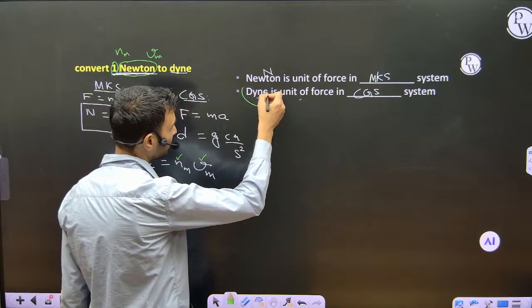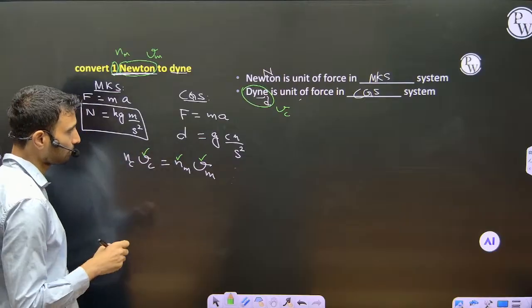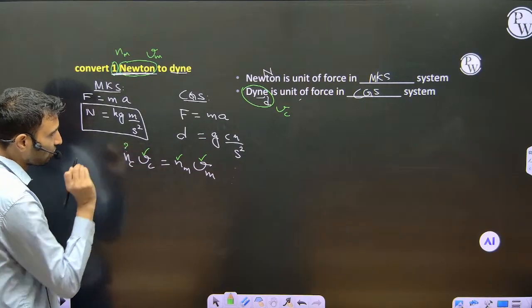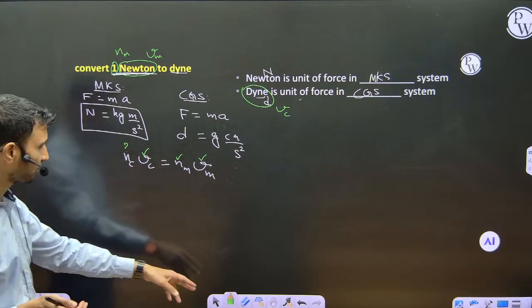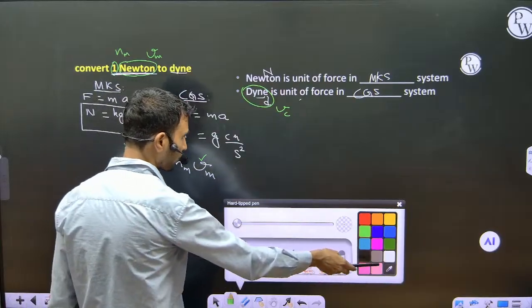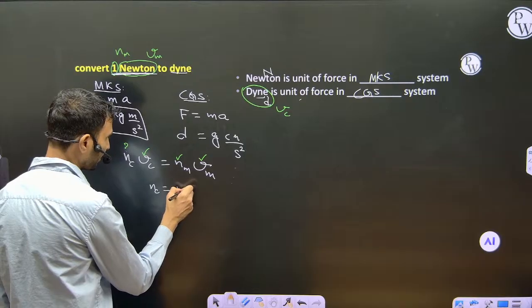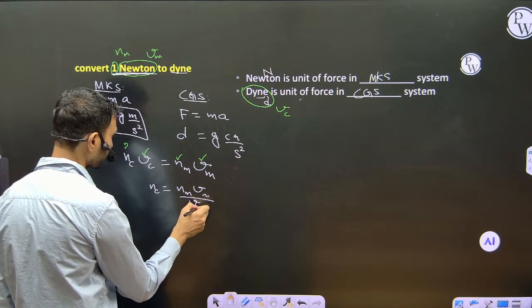Dyne. This is a unit of CGS, right? So we know this also. So we just have to figure out the value of NC, and that's all we need to find out, right? And it's very straightforward. How do you find out NC? No worries at all. NC is coming out to be NM UM divided by UC. That's it.